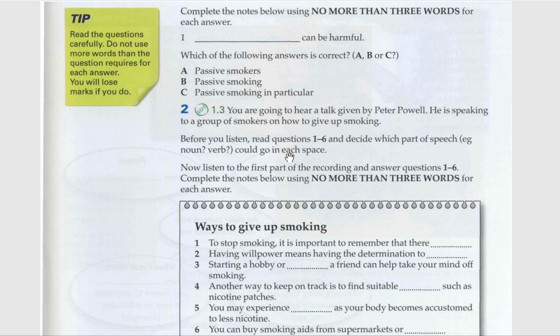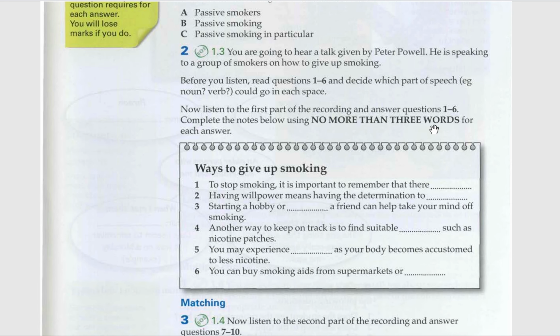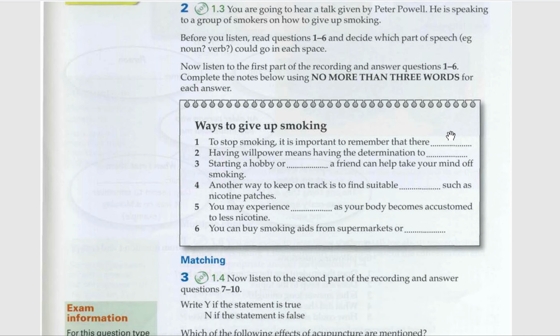This is important as a strategy that you could apply. You may want to guess what word is coming after or before. You can identify whether it is a noun or a verb, depending on the context. I'll show you how to do that. Now your job, again, remember, no more than 3 words. You have to fill in the blank spaces here with no more than 3 words for each.